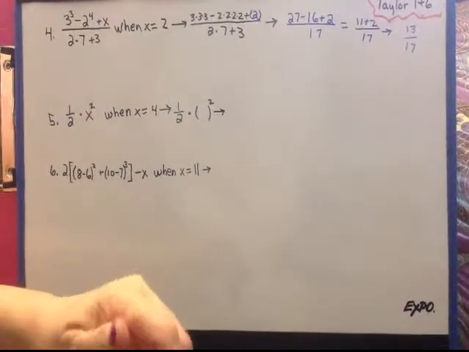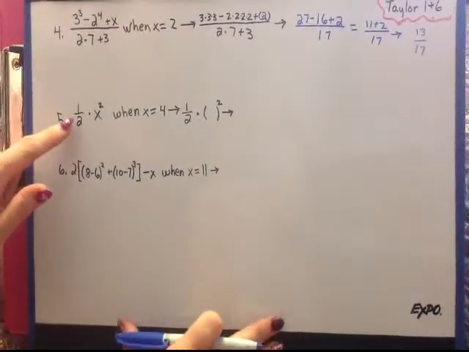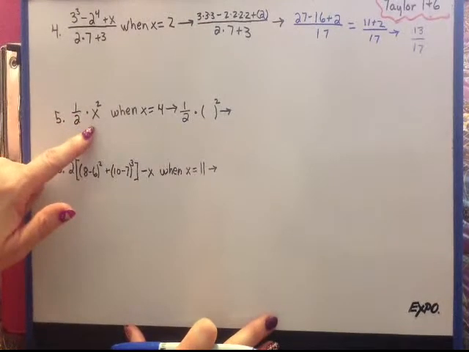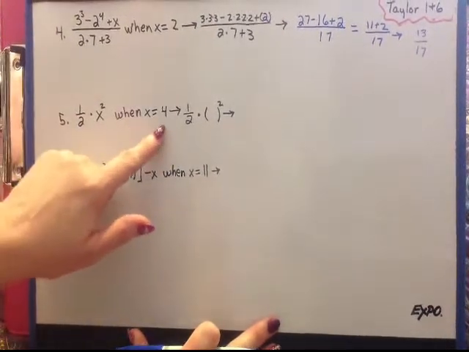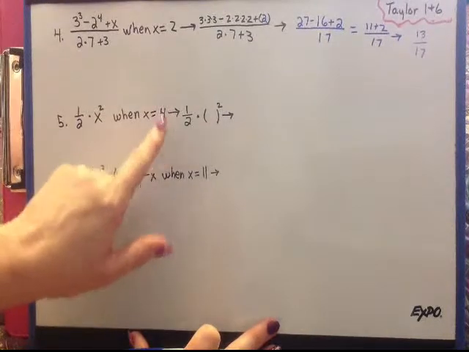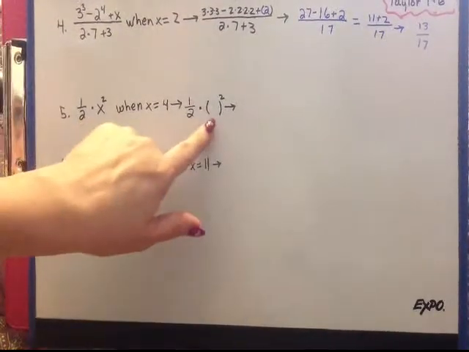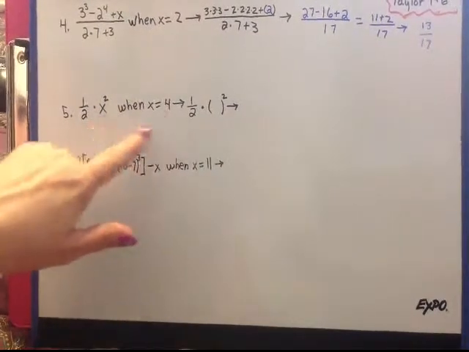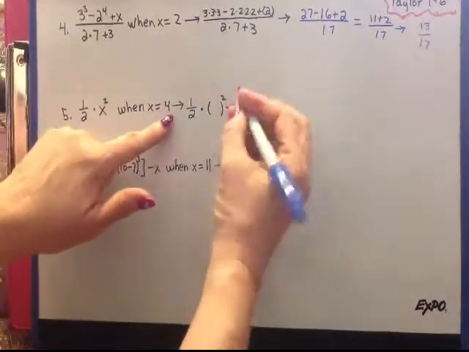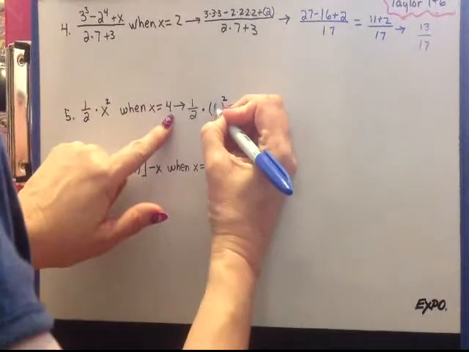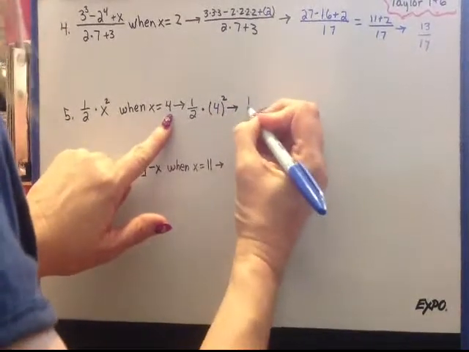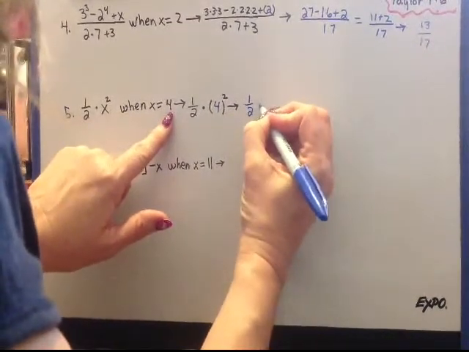For number 5, your question is 1/2 times x squared when x equals 4. So just like with the others, I rewrote the expression and I put parentheses for the variable. So x is 4. So now we have 1/2 times.